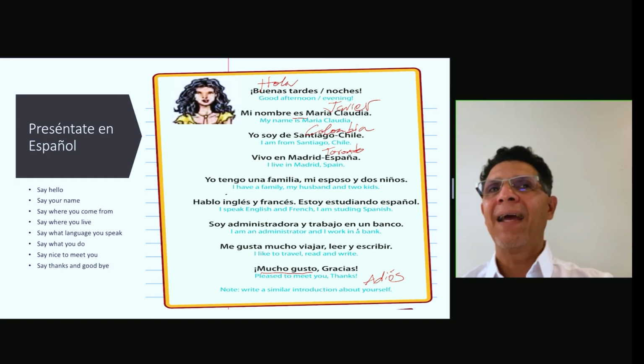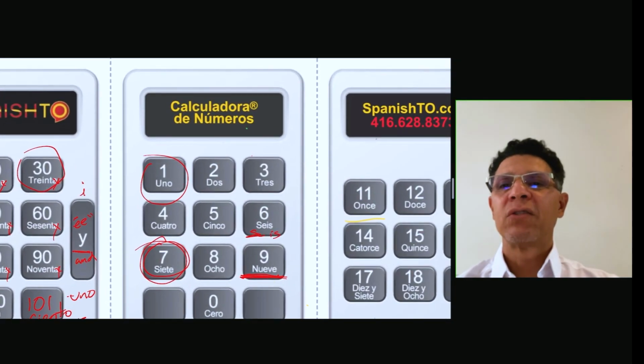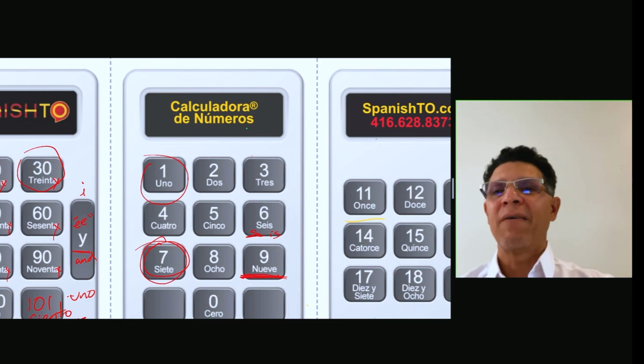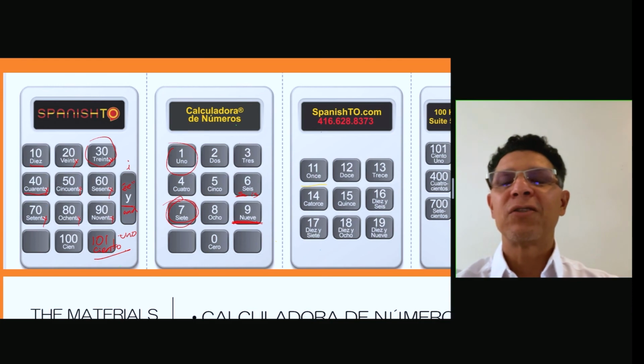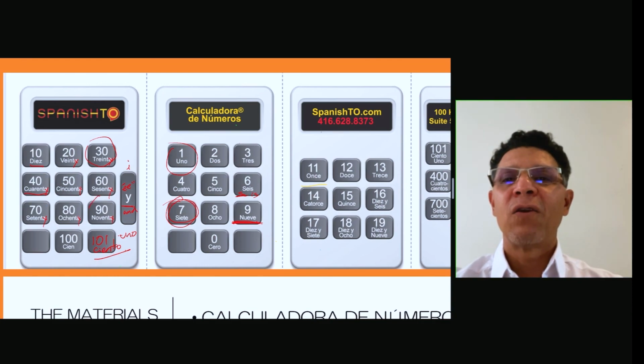A, E, I, O, U. Plus the numbers 1 to 9. And if you want to put a bigger number, you just go on the other side and you say, for example, 99, 90, or 99.